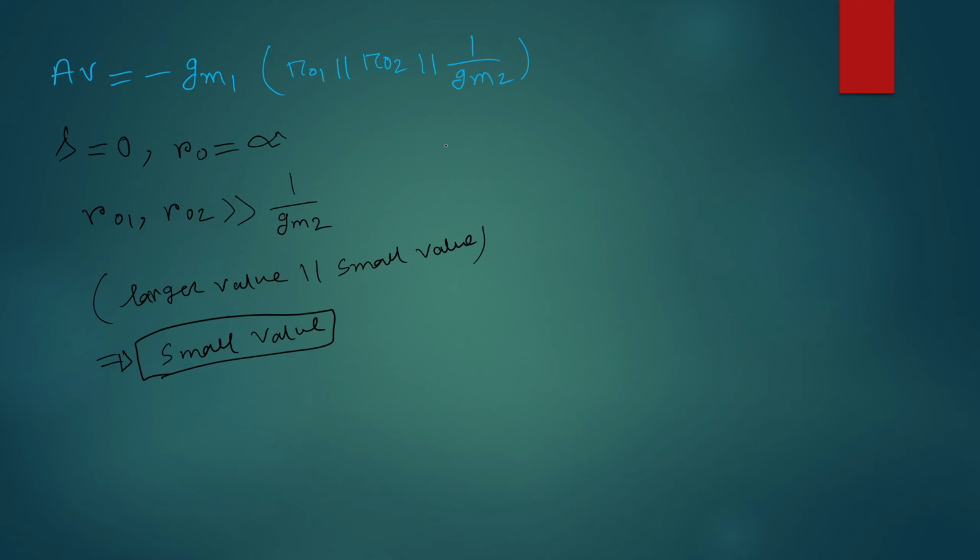So as we neglect the channel length modulation effect, we write the modified equation of our gain, which is minus GM1 into 1 by GM2. So you can write that the gain is equal to minus GM1 divided by GM2.